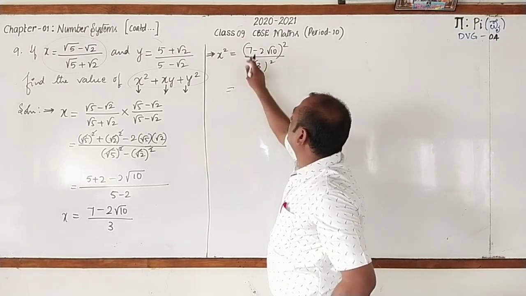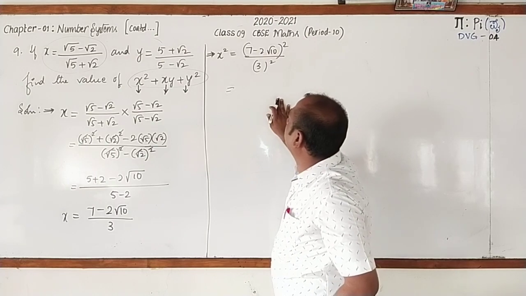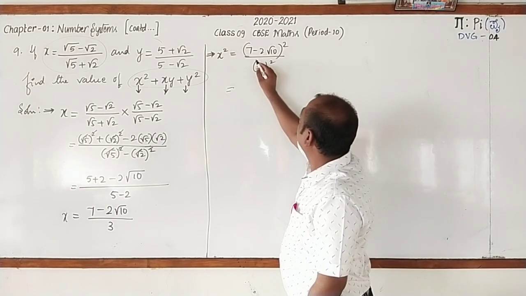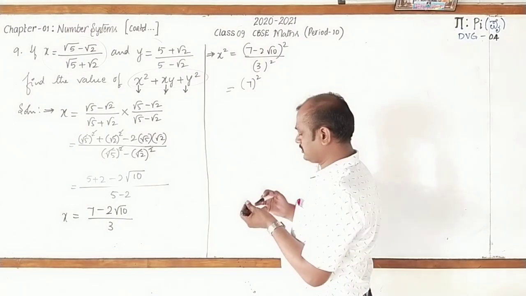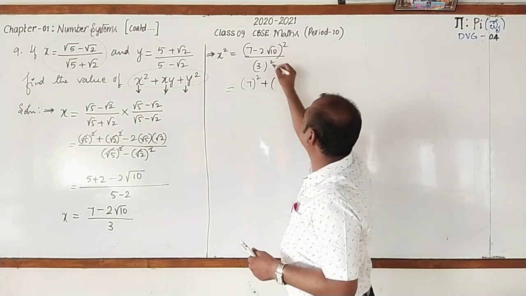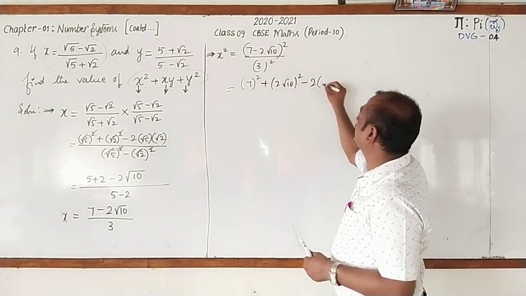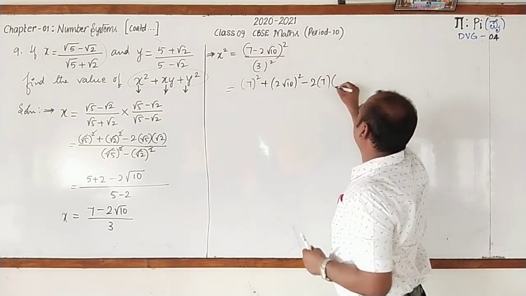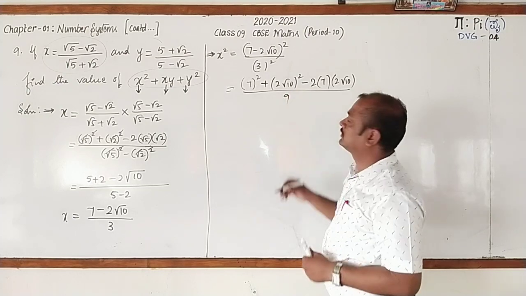It is equal to, it is of the form again a minus b whole square. It is a minus b whole square, a square 7 whole square plus b square 2 into root 10 whole square minus 2ab, 2 into 7 into 2 root 10 whole divided by 3 square is 9.